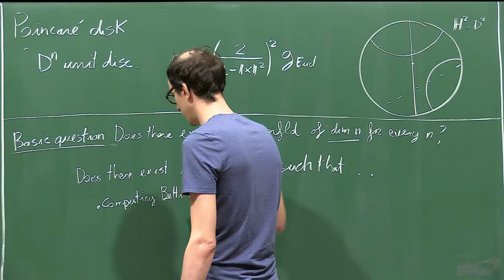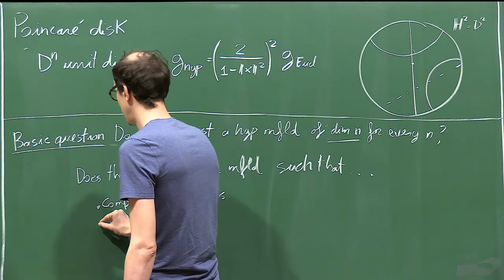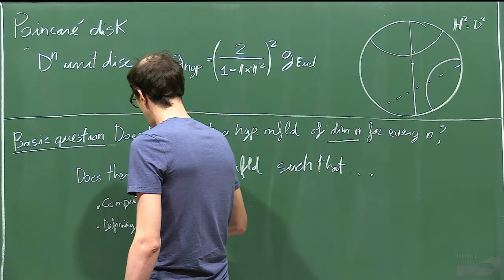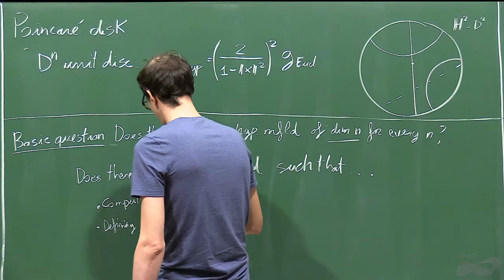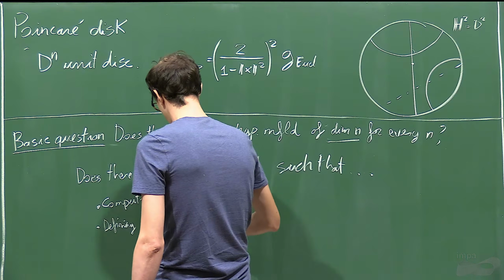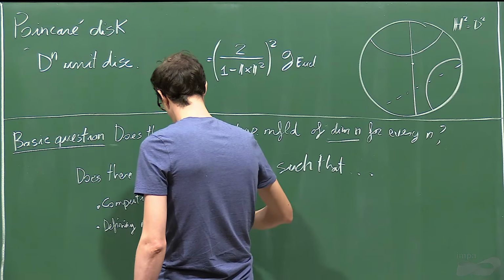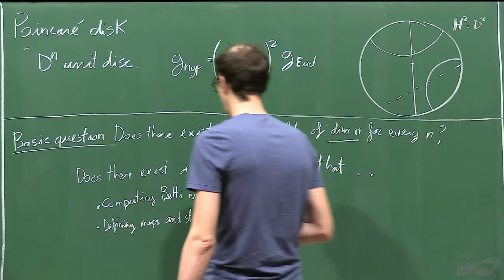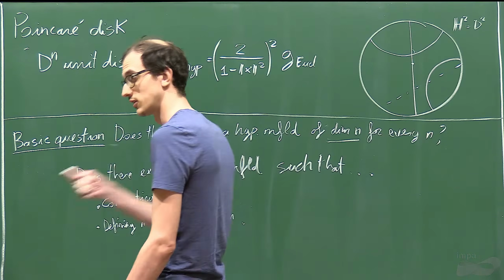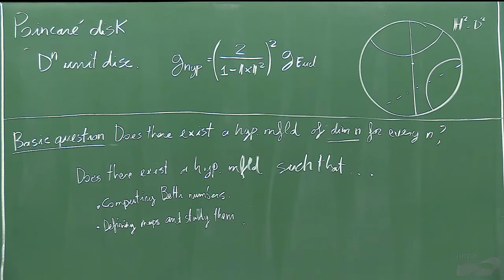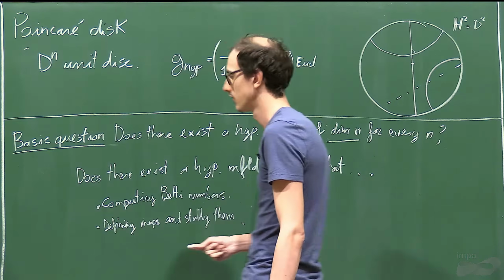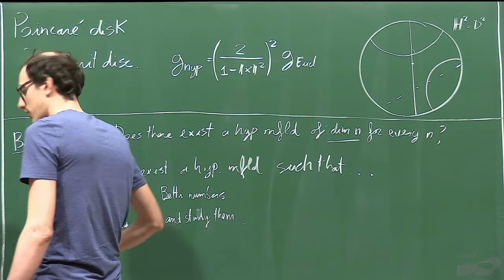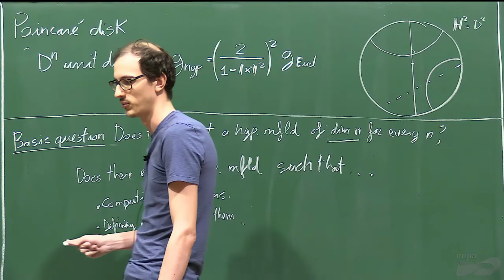You can, as I said before, define maps from the manifold and study them. There are some results you can obtain, for example, with totally geodesic submanifolds in arithmetic hyperbolic manifolds, but in general it is harder to actually use the geometry and the topology of the manifold that you build.